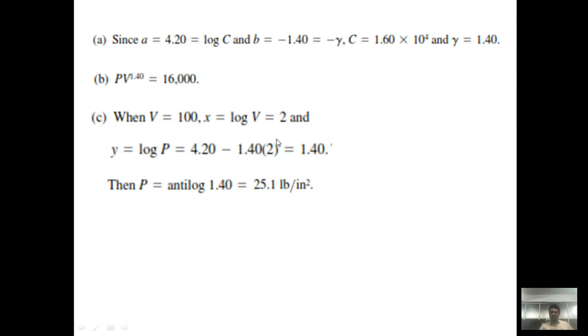By solving this, we get the value of y, that is the value of log p is 1.40. So p, by taking an antilog, is equal to e raised to 1.40, which leads to 25.1. So when volume is 100, at that time the pressure is 25.1.